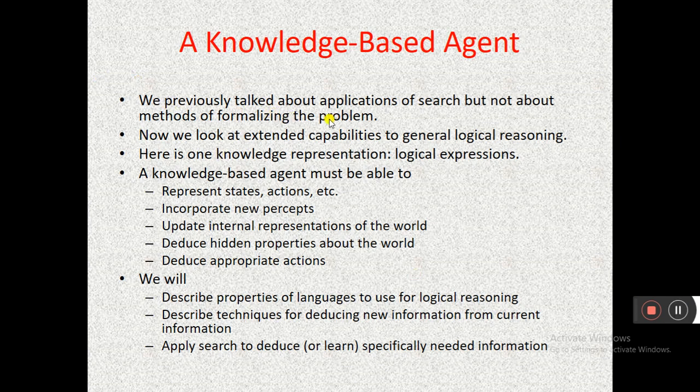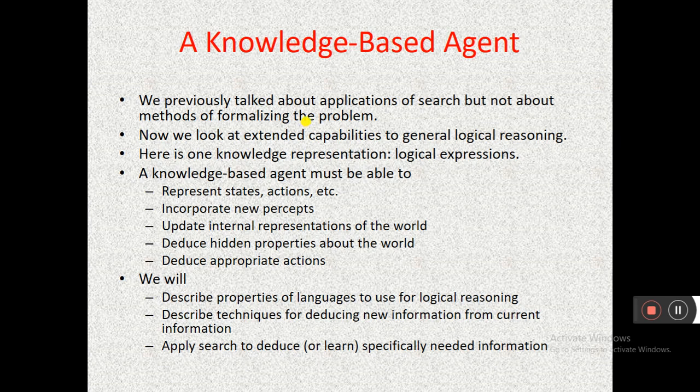We previously talked about applications of search, but not about methods of formalizing the problem. In the last lecture we discussed the searches, algorithms and techniques.